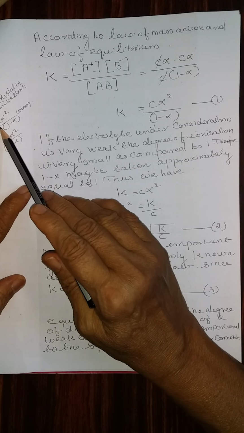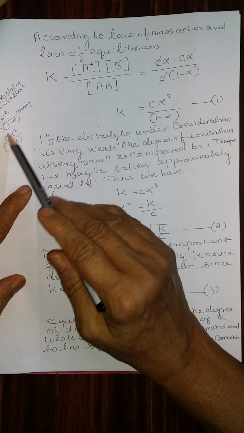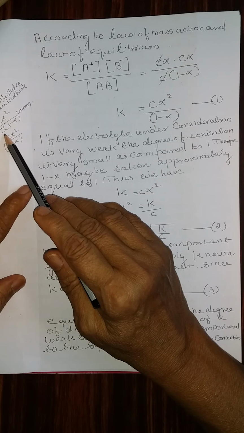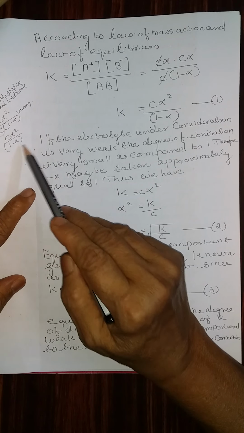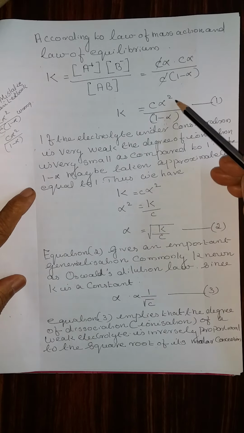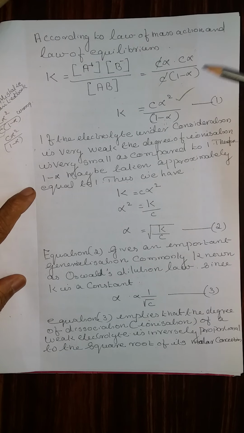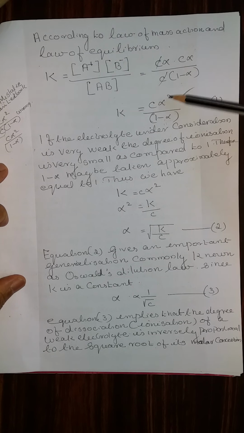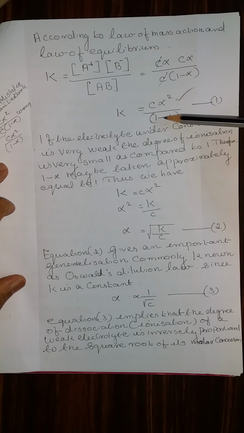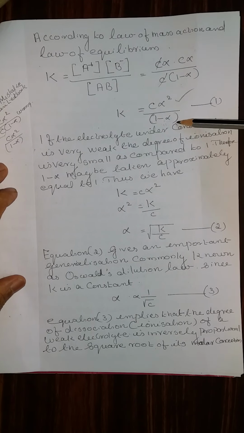They have given C alpha squared, again with one more C, which is wrong. There is no extra C here. C alpha squared divided by 1 minus alpha, this is the correct answer. Therefore, the equilibrium constant is equal to C alpha squared divided by 1 minus alpha.